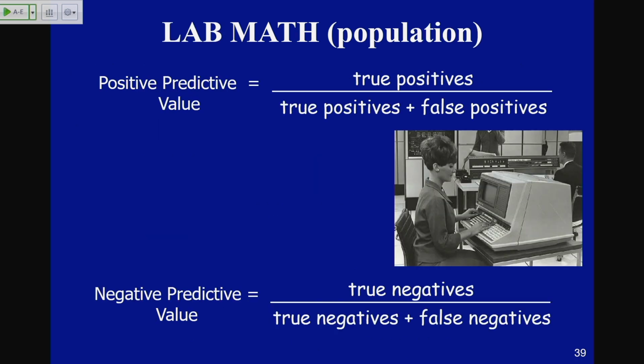So let me give you some lab math to really fire you up close to lunchtime. The 2 values that clinicians really want to know about, the real doctors, not me, are positive predictive value and negative predictive value. They're not so fired up about specificity and sensitivity. They want to know how a test would work in their patient population.